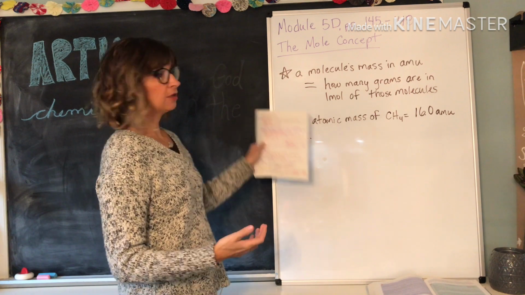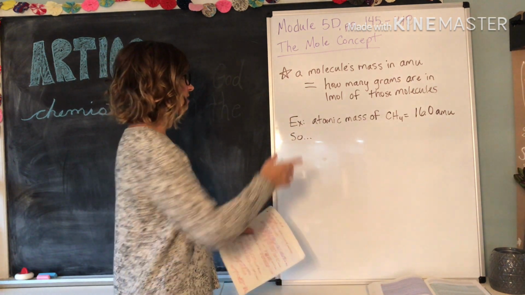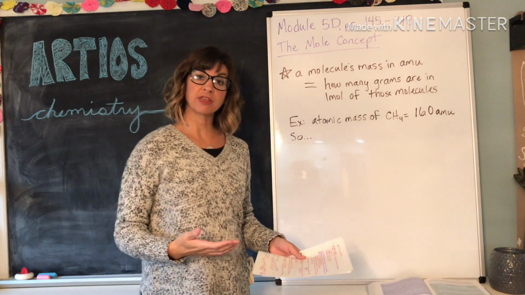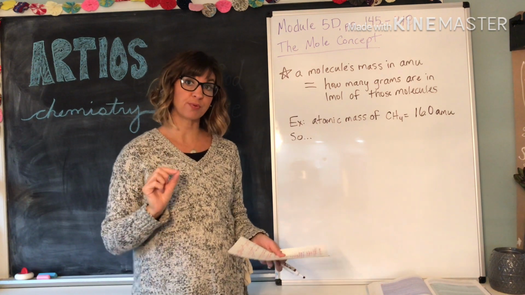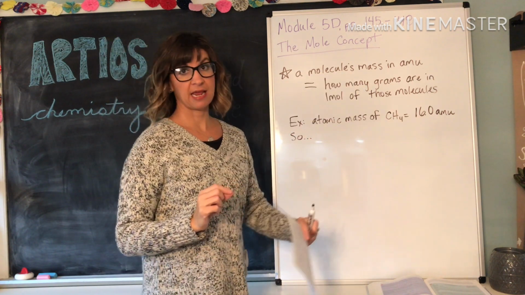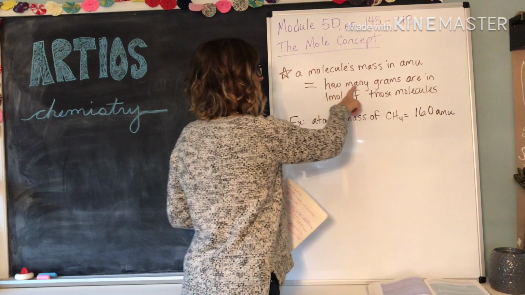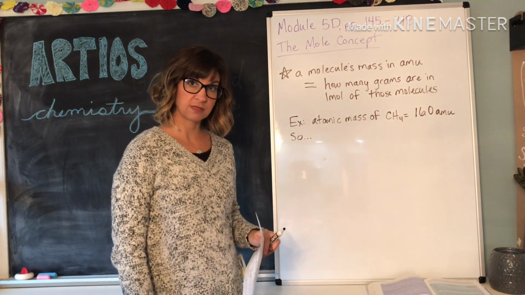Okay, so similarly to what we wrote for an atom's mass, a molecule's mass in AMU, and you would find out the molecule's mass in AMU by adding up the individual atoms that are present in the molecule. Okay, a molecule's mass in AMU, which you find out from the periodic table, is equal to how many grams are in 1 mole of those molecules.